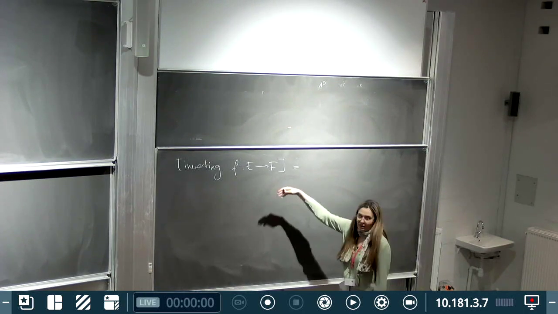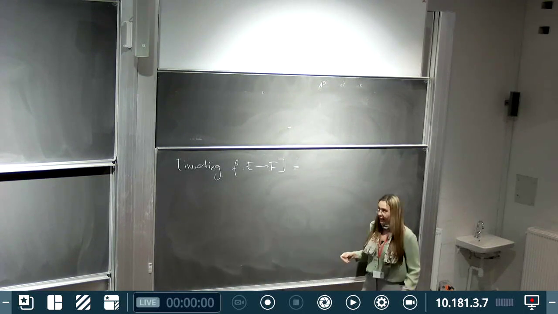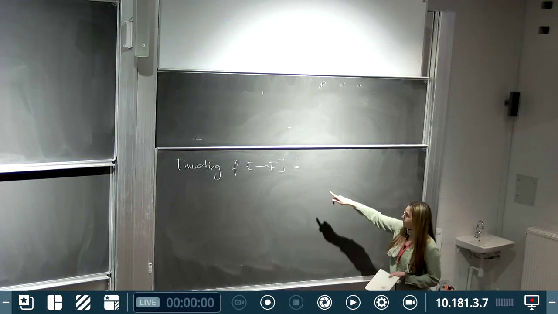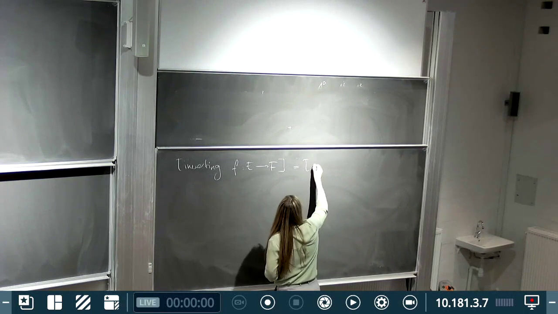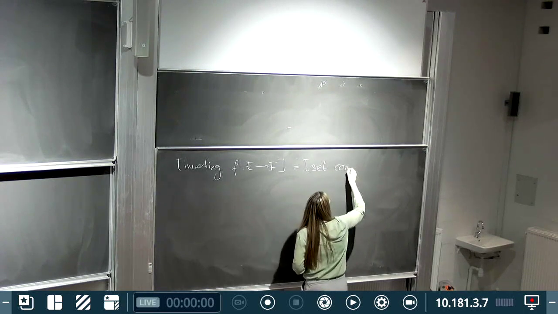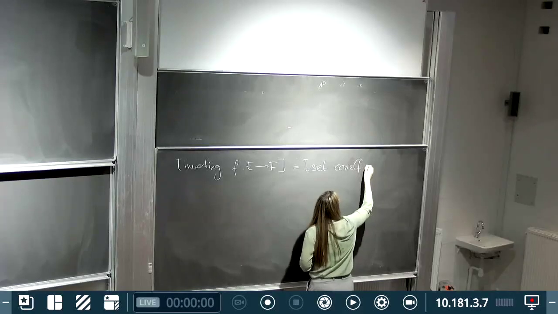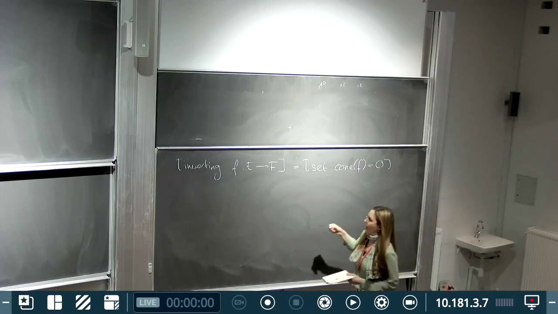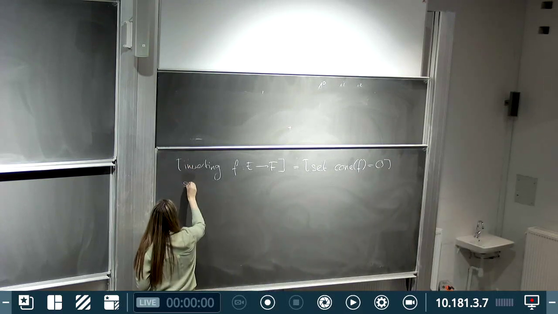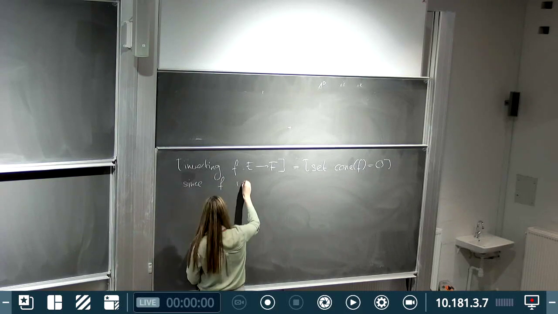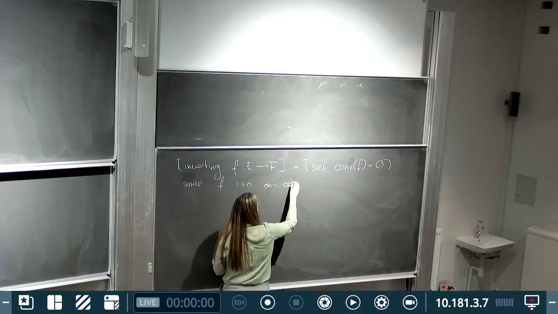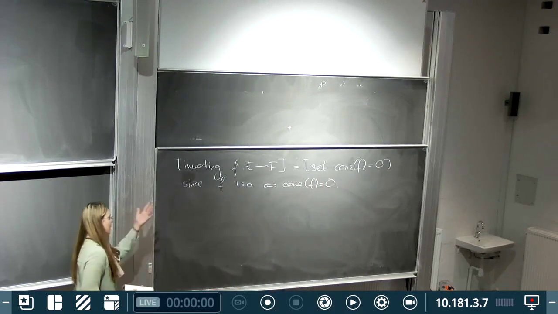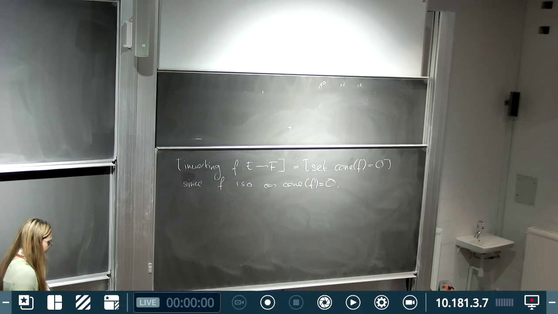So what we're really doing, and we're going to talk a little bit about that later, again, this is just part of the motivation. Many of these ideas are going to show up in detail, but that's the same as sending the cone of f to be 0. Yeah? So, because f is an isomorphism if and only if the cone vanishes, if you want to force it to become an isomorphism, you can just force the cone to become 0.